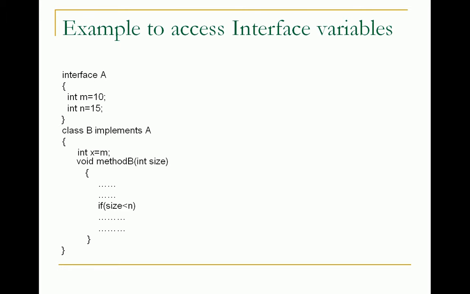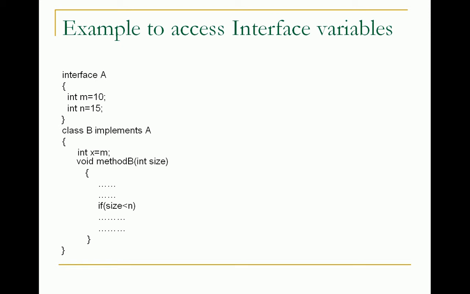For example, we have an interface A with variables m and n having values 10 and 15. Then we have a class B that is implementing the interface A, and in the class B we have a variable x.